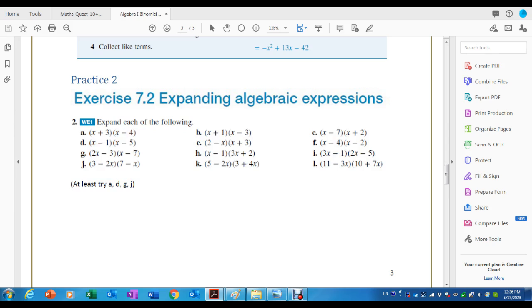There are terms with negative signs, so you need to make sure you understand how to deal with the minus sign. Sometimes minus times positive, sometimes positive times minus, sometimes minus times minus. You need to understand the rule.